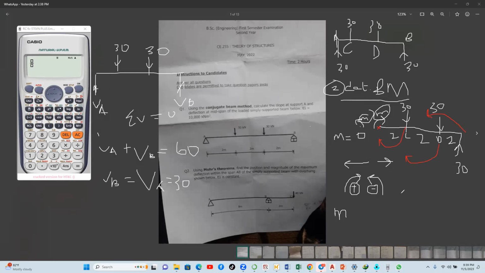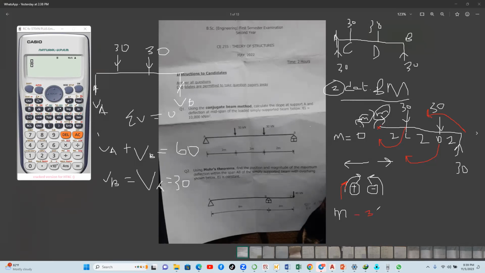Okay. So my M is positive. It's in this direction. So I come to my 30 kilonewton load, which direction is taken? So the 30 kilonewton load, as I said, is taking this direction. And with that, I'll choose a negative.